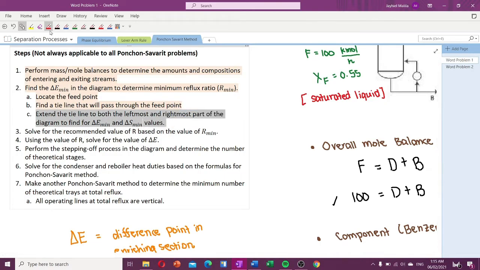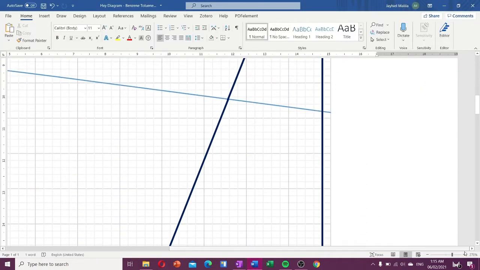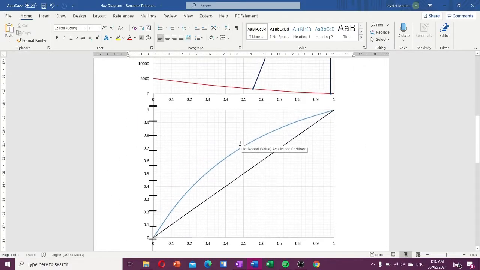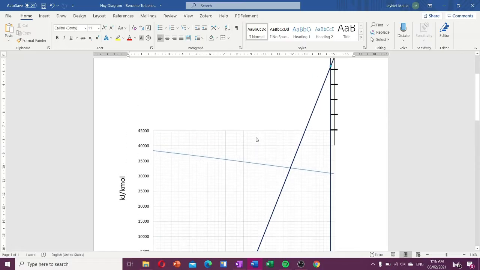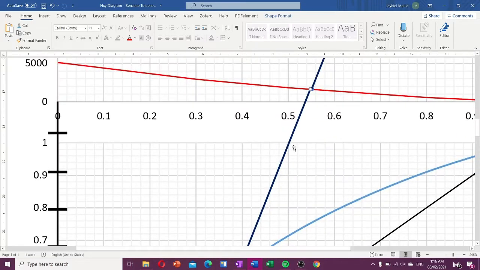For the delta S min, it's actually not that relevant for now. But if you want to know how to get it, you can just extend. Probably your instructor will require you to determine the value of delta S min. It's actually easy because you just need to extend this tie line over here. Create another line, touch it. It's actually easier doing it manually.